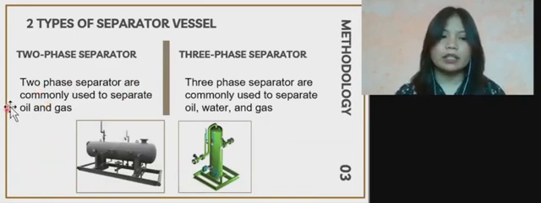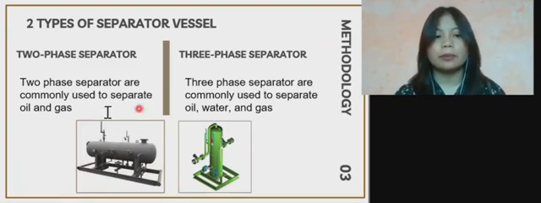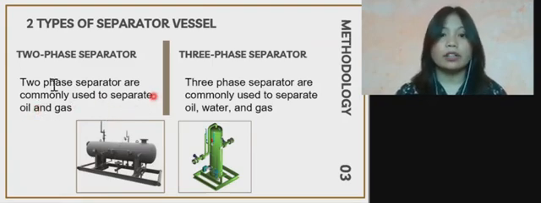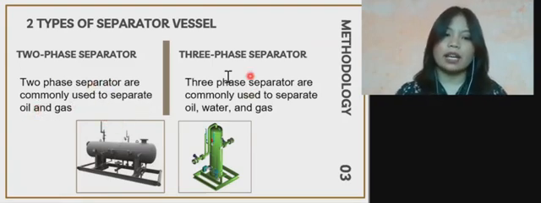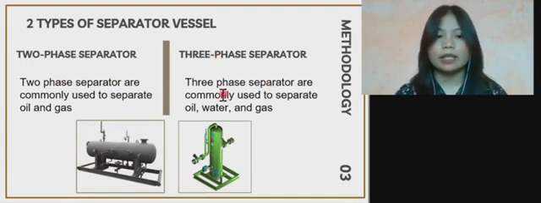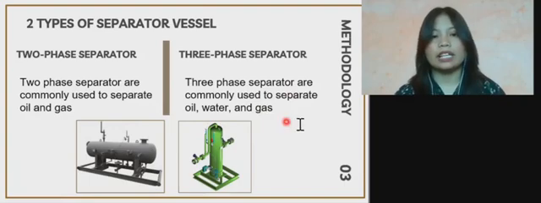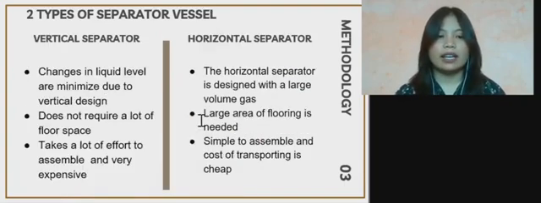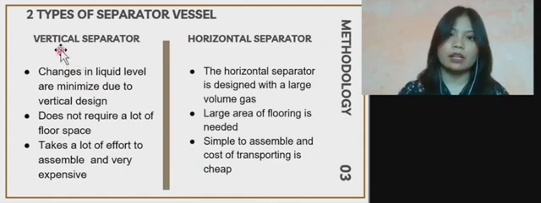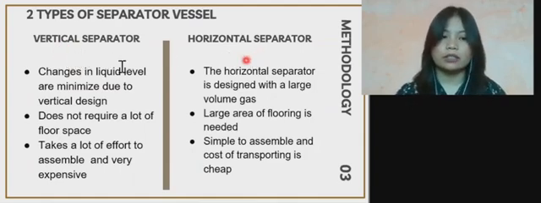A two-phase separator is commonly used to separate oil and gas, or gas from liquid. And a three-phase separator is commonly used to separate oil, water, and gas. And just now, like I said, they can be vertical or horizontal. So what are the differences between vertical separator and horizontal separator?